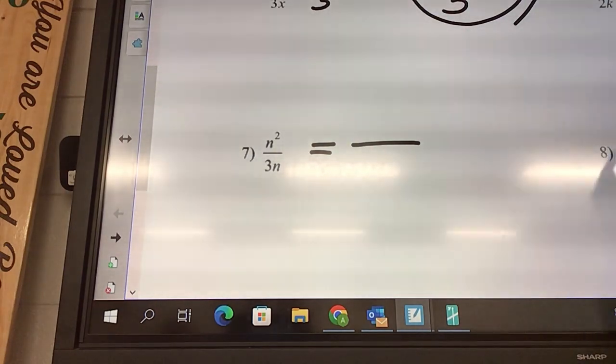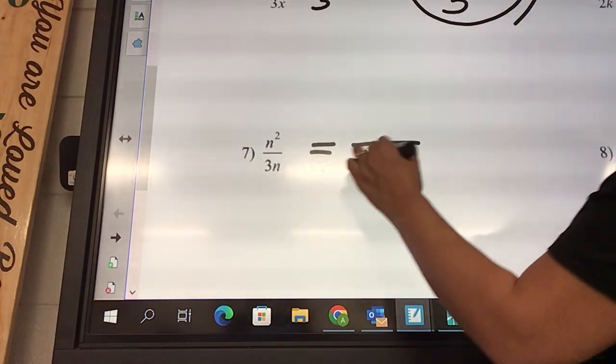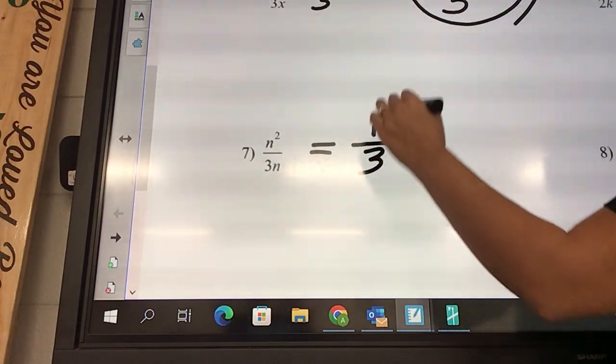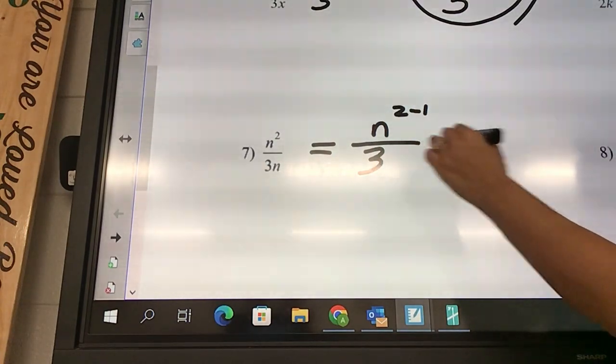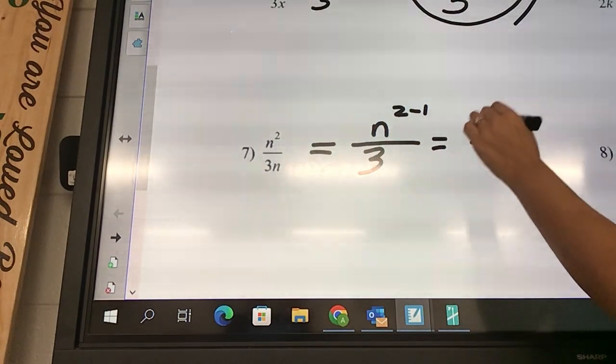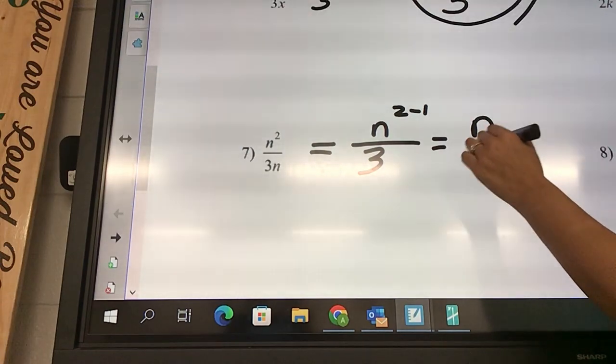Or like this one, there's a 1 on the bottom, that can't be simplified any further. If it's 1 over something, either on top or on bottom, that fraction is definitely not going to simplify. So we can put the 3 back, and you're going to say n^2 minus what? 1. Well, what is 2 minus 1? 1, so it's really n^1, or just n, over 3.